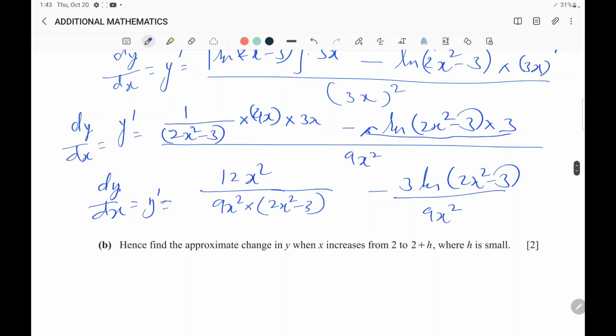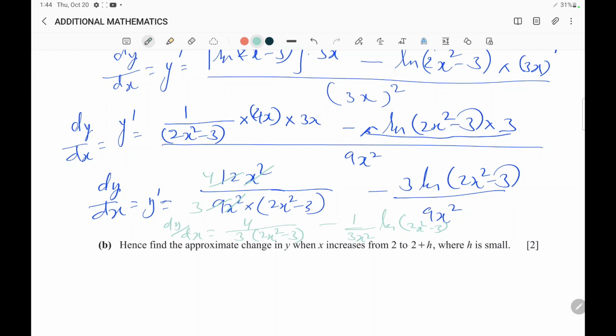Okay, so if you want to write a final answer, then you can write dy by dx; x square and x square we can cancel, and 12 over 9 gives 4 over 3. So we can write 4 over 3 times 2x square minus 3, minus 1 over 3x square times ln of 2x square minus 3, right? So we can write like that.